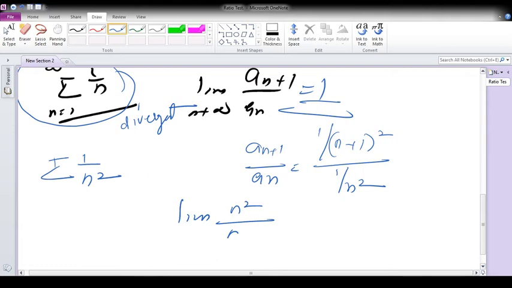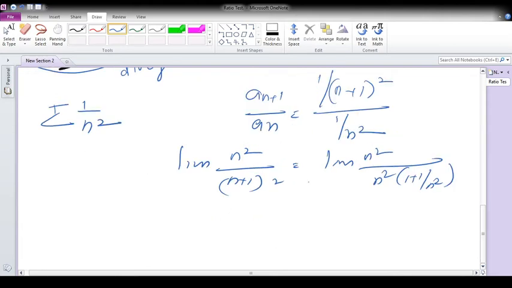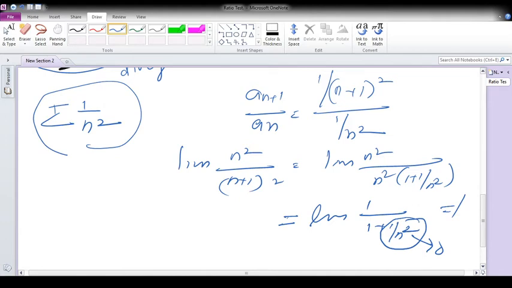You can take n square outside, so n square and n square cancel. You get limit 1 by (1 plus 1 by n) square. Here 1 by n converges to 0, so you get 1. So here also you can't say this series is convergent or divergent. The test has failed in this case because the limit value is 1.